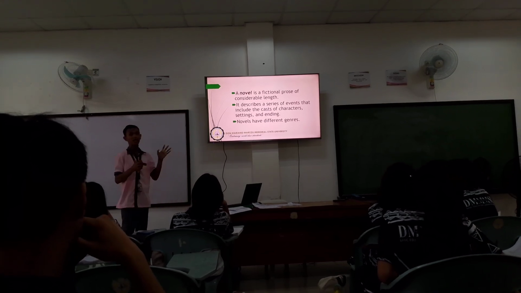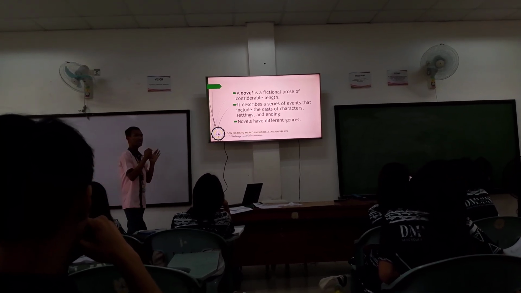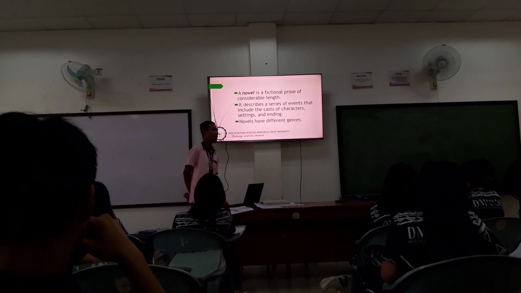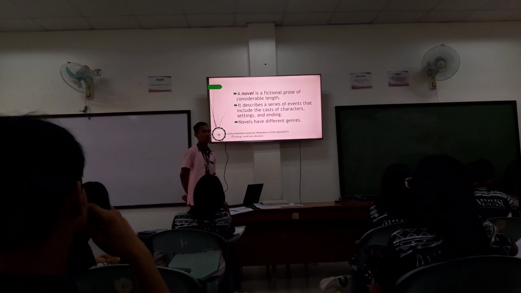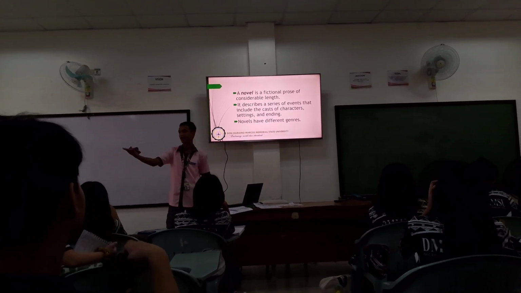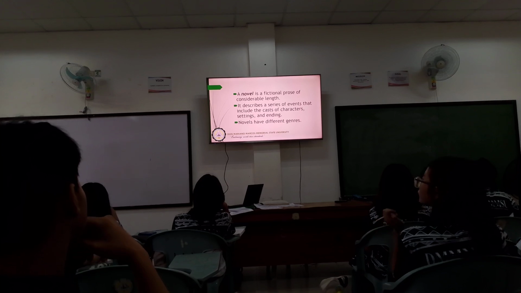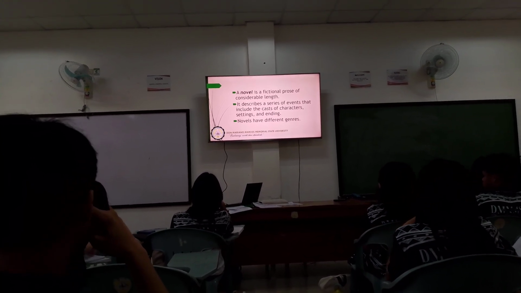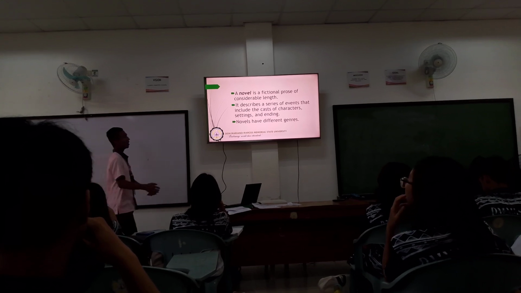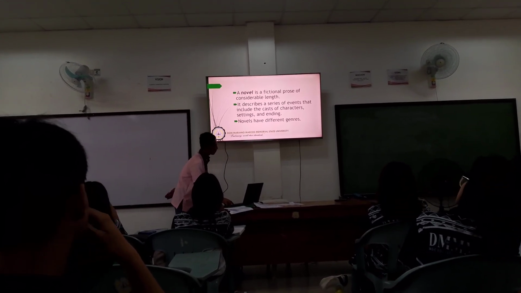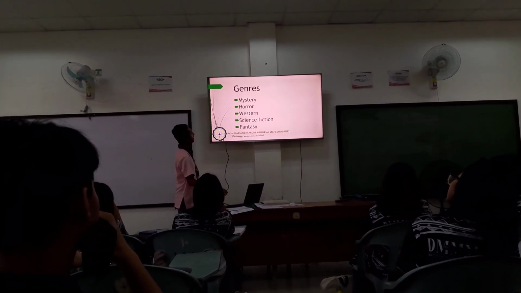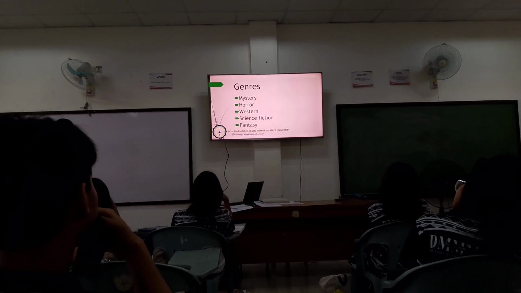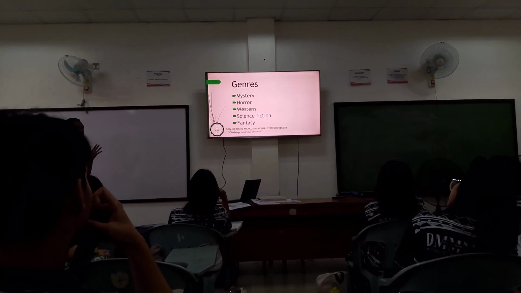Okay, so novels have different genres. Based on your book, what are the genres that are mentioned there? Horror. So these are the different genres: mystery, horror, western, science fiction, and fantasy. So I have a question for you.